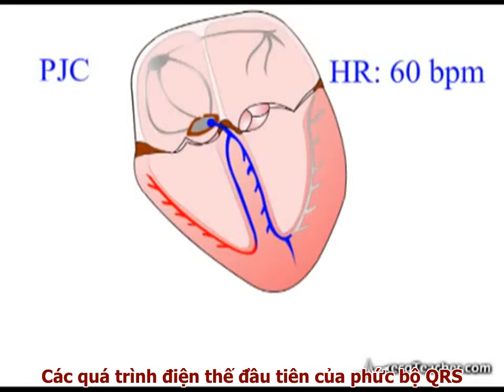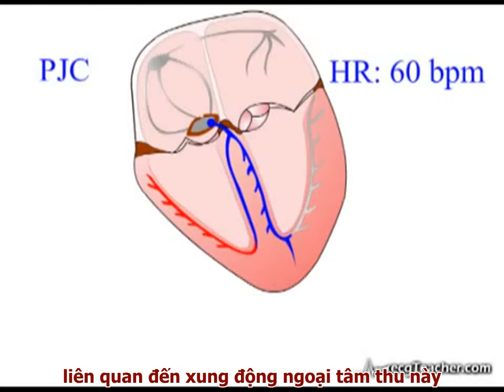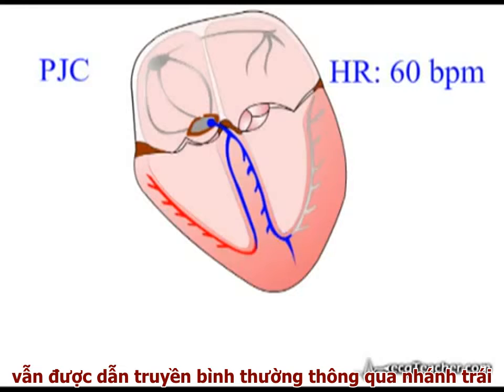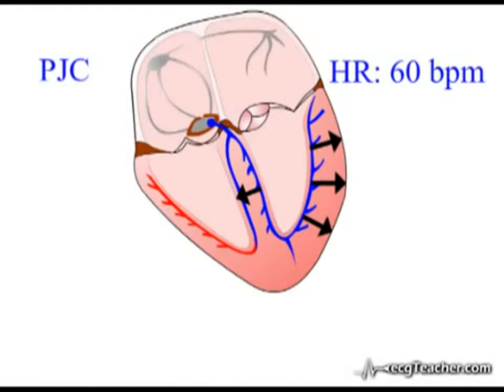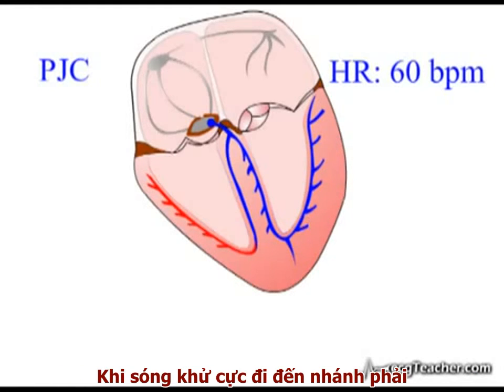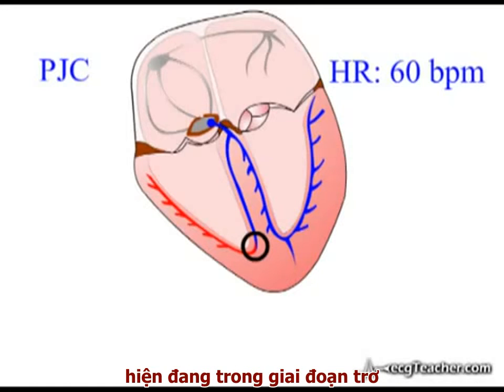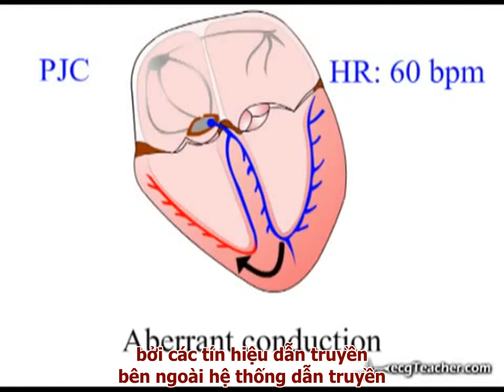The initial events of the QRS complex associated with this premature discharge are conducted as normal through the left bundle branch and will depolarize the left ventricle in the normal fashion. However, once the premature depolarization wave encounters the refractory portion of the right bundle, the right side of the heart must be depolarized by signal traveling outside the conducting system.